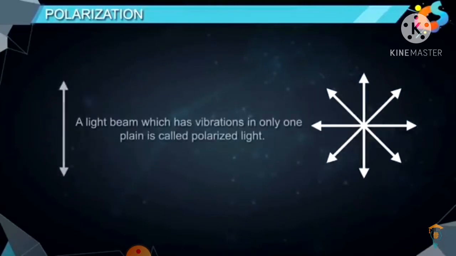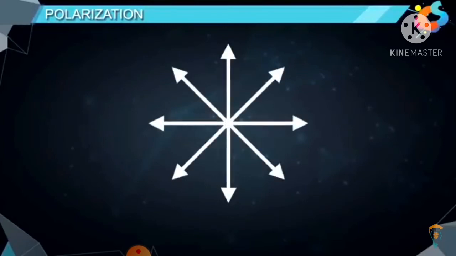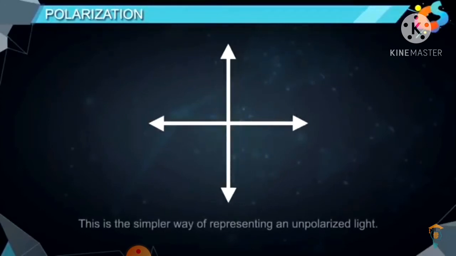Similarly, a light beam which has vibrations in only one plane is called polarized light. The electric field vectors in unpolarized light can be resolved into vertical and horizontal components. Now, this is the simpler way of representing unpolarized light.